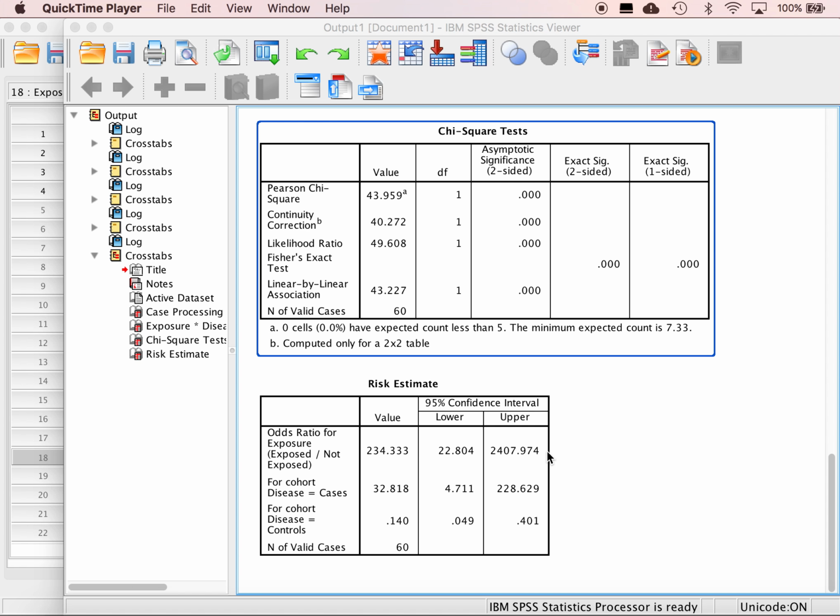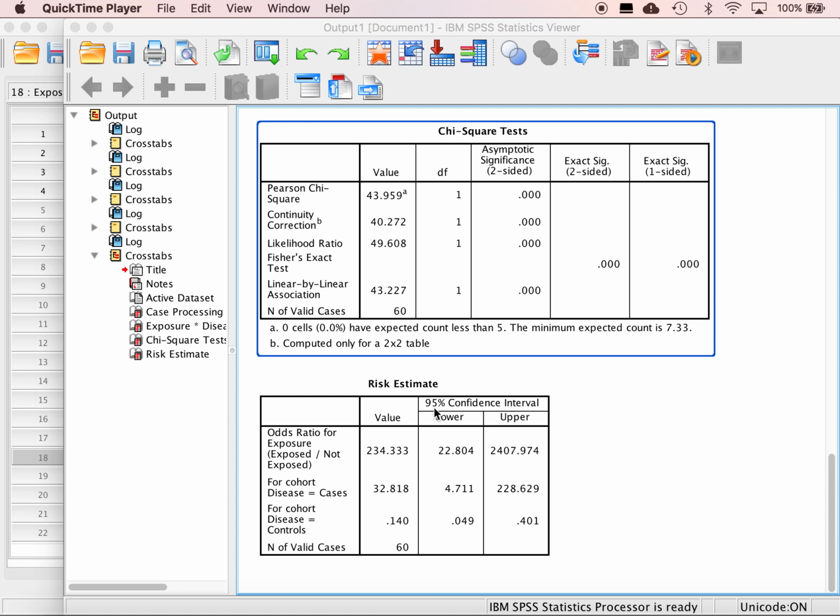And the way we interpret that is by comparing that confidence interval to the null value. In other words, how does that confidence interval compare to an odds ratio equal to 1? Well, 1 is very far away from 22. So this confidence interval does not include the value of 1.